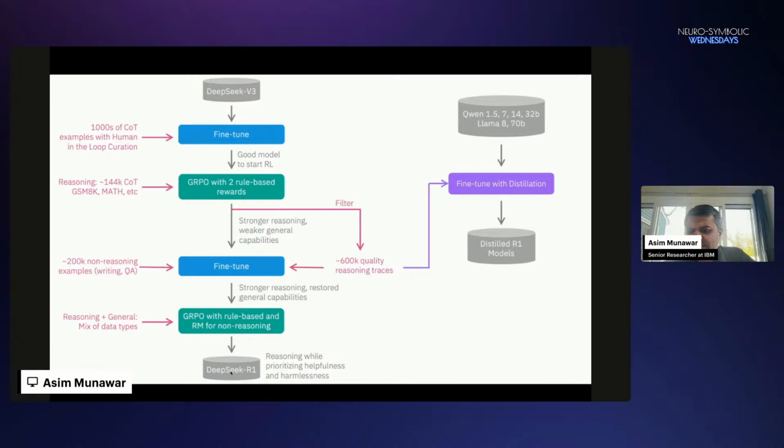And this gives us the DeepSeek R1 that we have now. The traces that they got from their reasoning model, they also distilled into Qwen of different sizes and Llama models of different sizes, and they released these distilled R1 models.